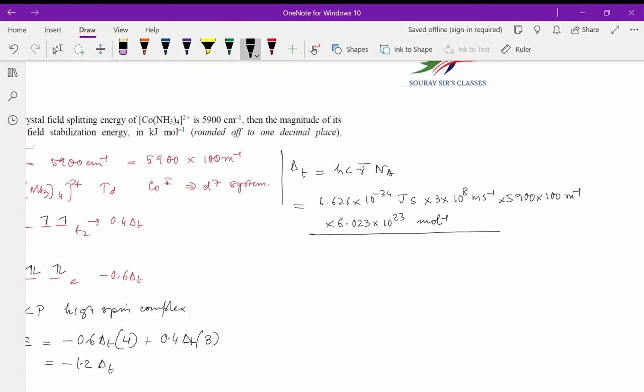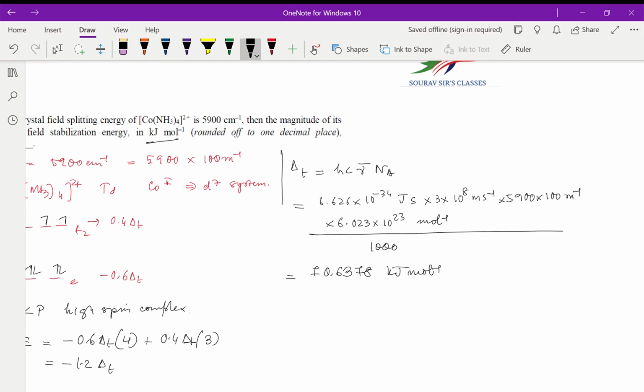Since we need the answer in kilojoules and we are in joules, we have to divide the whole thing by 1000. If we calculate this whole value, it comes out to be 70.6378 kilojoules per mole.